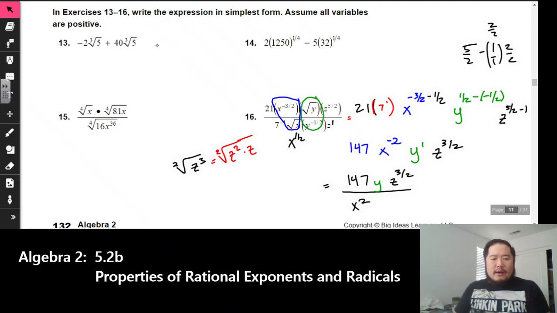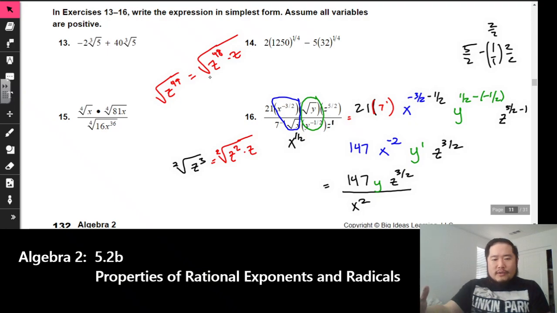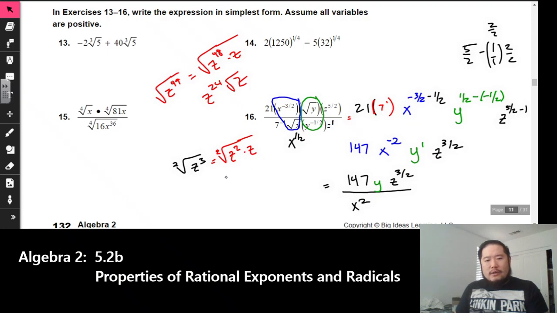If I had the square root of z to the 49th power, I would split it apart into z to the 48 times z, because these are both the same thing. Then I could take the square root of z to the 48 by dividing it by 2, and this would simplify down to z to the 24th rad z. So this right here is actually going to be z times rad z.